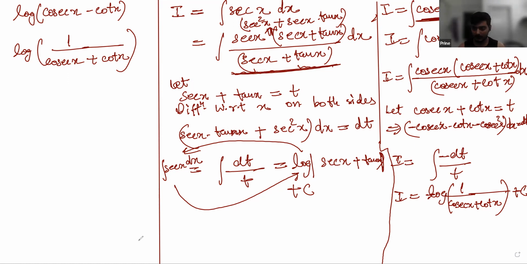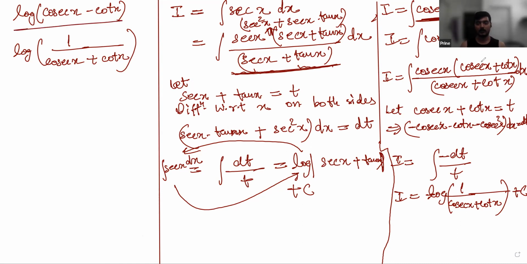But don't worry. To get log of cosec x minus cot x, what is the substitution used? We multiplied this whole expression by cosec x minus cot x and divided by the same expression.